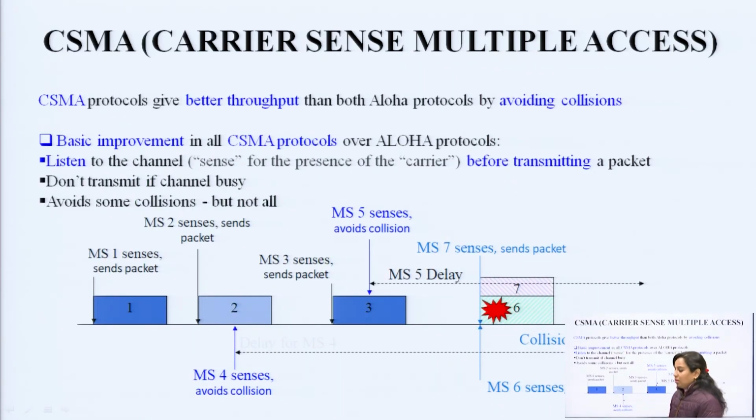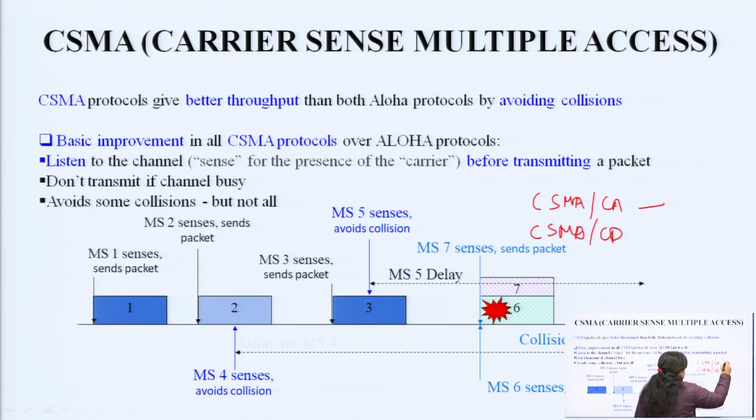Now, next part is CSMA, that is carrier sense multiple access. CSMA comes with 2 versions, CSMA CA and CSMA CD, which means carrier sense multiple access collision avoidance and carrier sense multiple access collision detection.